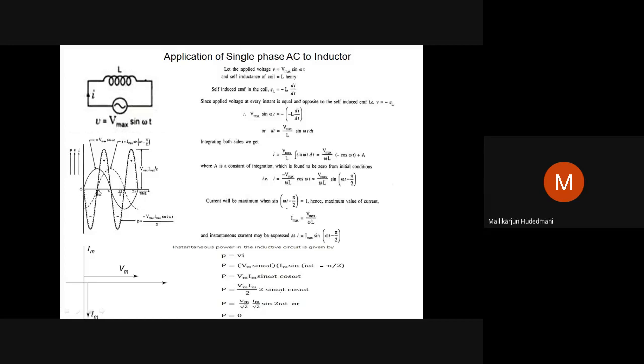At π/2, current is 0, voltage is highest. Again, the product goes 0. In this way, at π, voltage is 0 but current is peak. And from π to 3π/2, three-quarters of a cycle, again I will find voltage is negative max but current is 0. So it repeats. In this way, I have the relationship between voltage and current. Current is lagging behind the voltage by 90 degrees or π/2 radians.